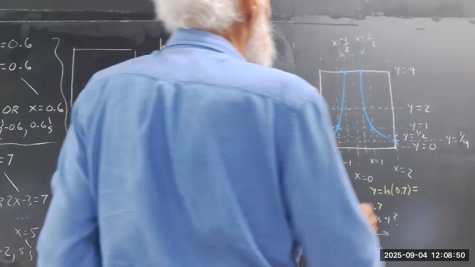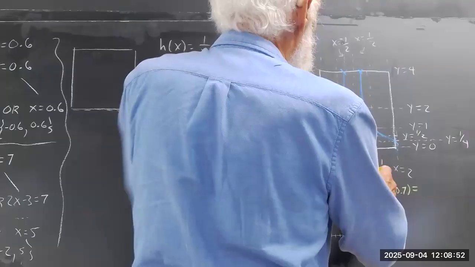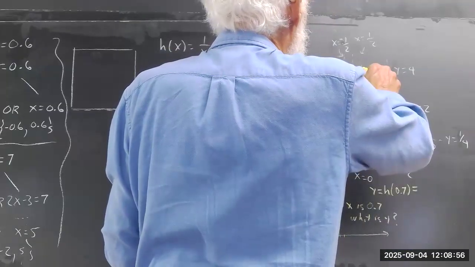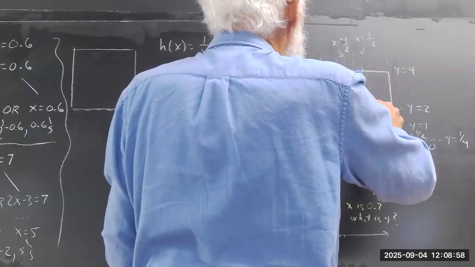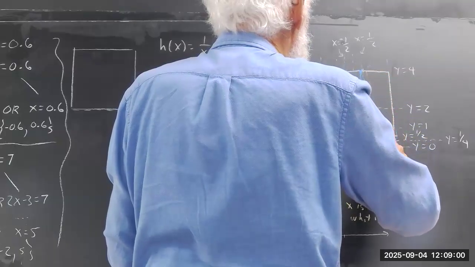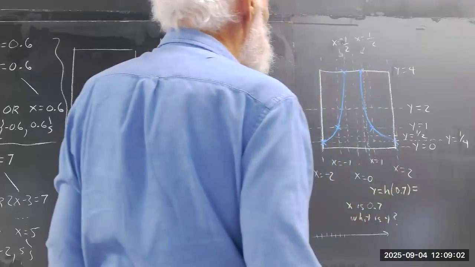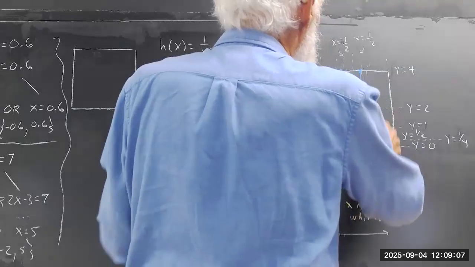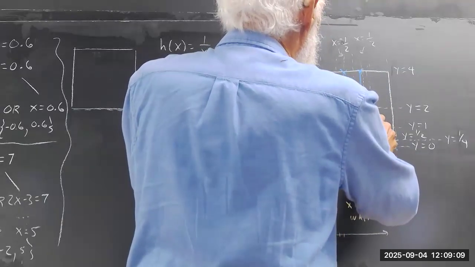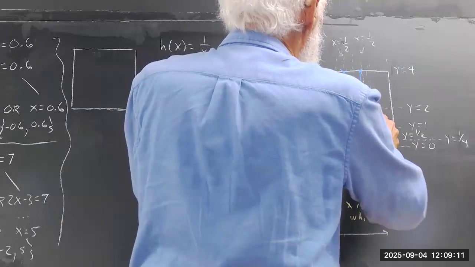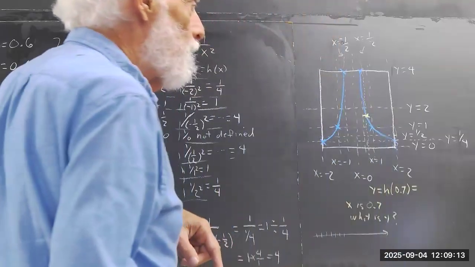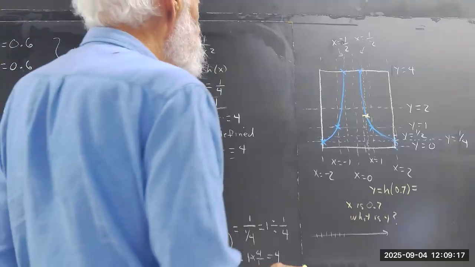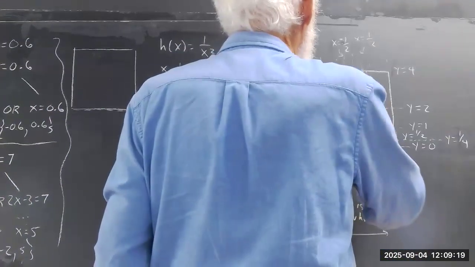Well, x = 0.7. Here's x = 0. Here's x = 1. 7/10 of the way is about here. And this isn't a particularly great graph, but we'll take what we get. Okay, so where does the yellow line hit the graph? Well, it hits it about here, doesn't it? Make sense? And what's the y value here?